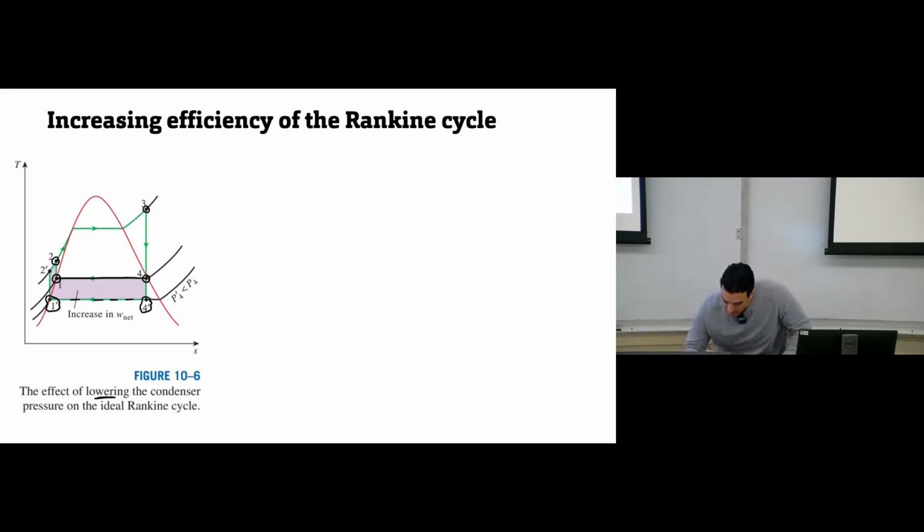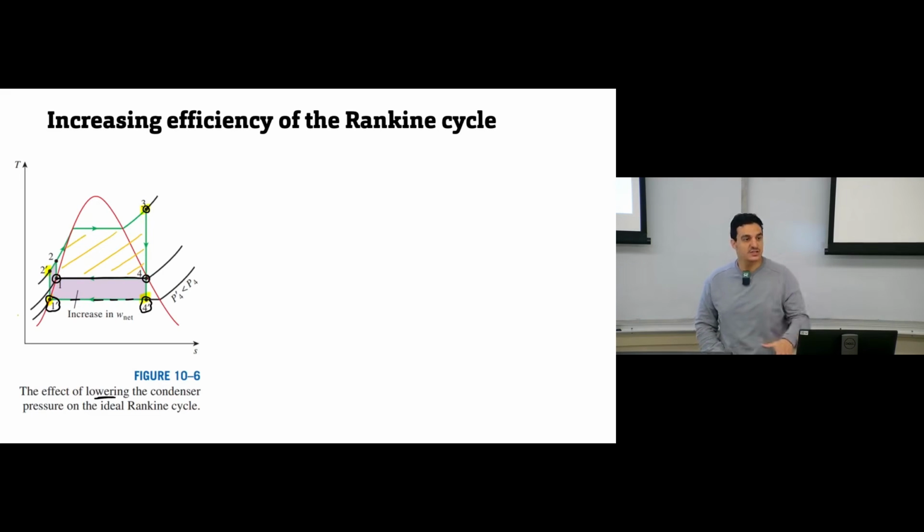And what is happening here? We have a new cycle represented by these points: 1 dash, 2 dash, 3, 4 dash. If you compare the areas, originally this is the area representing the network obtained from the cycle.